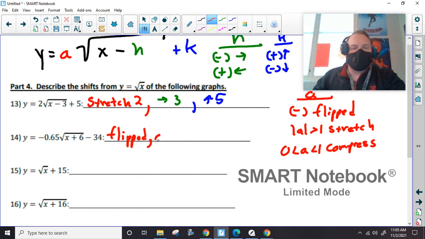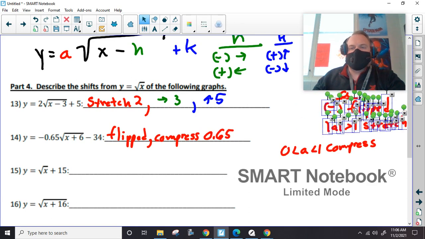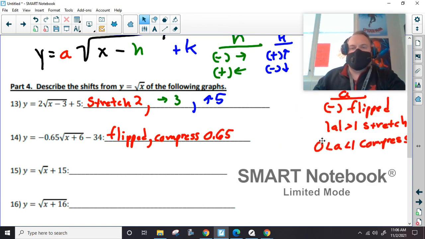Flipped. This is compress of 0.65. I need this A stuff to get out of here. Okay, there we go. Left 6 and then down 34.